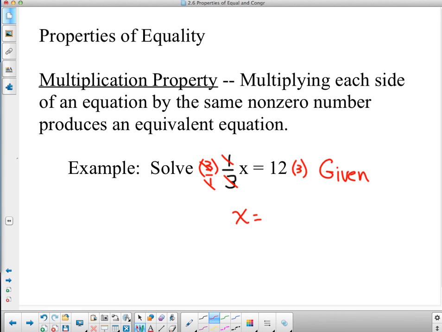No, it's not 4. 12 times 3 is 36. X equals 36. Supported by the multiplication property of equality. So you're doing the algebra steps just like you did last year, but you're just writing the property to the side to tell what property you used in doing it.